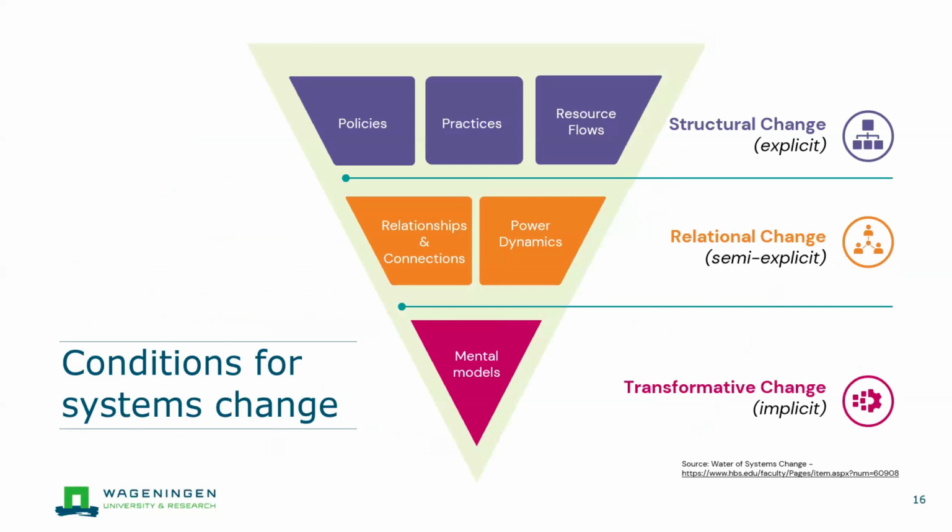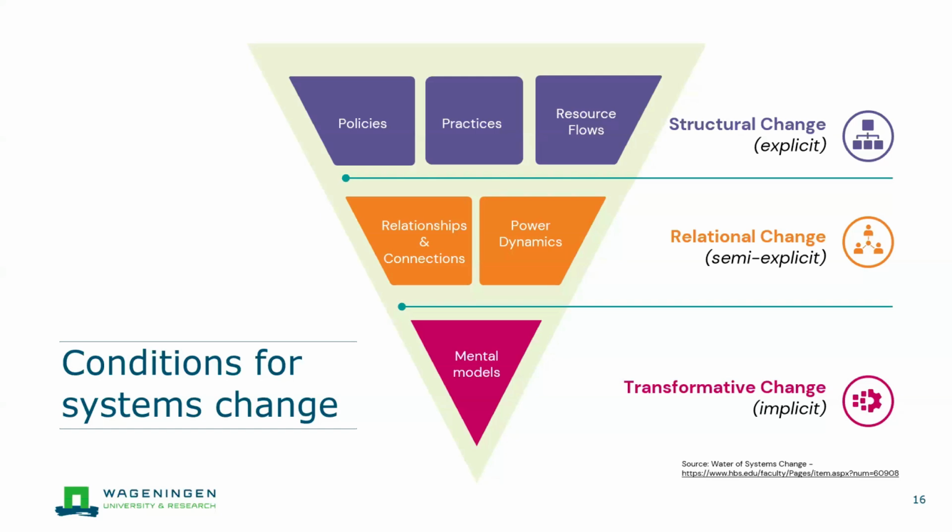I think often when we think about changing the food system, we think we need to change policies, or change farmer practices, or change the financial incentives. We need certain subsidies, or maybe more investments. And that's definitely an important part of it. It's structural change.